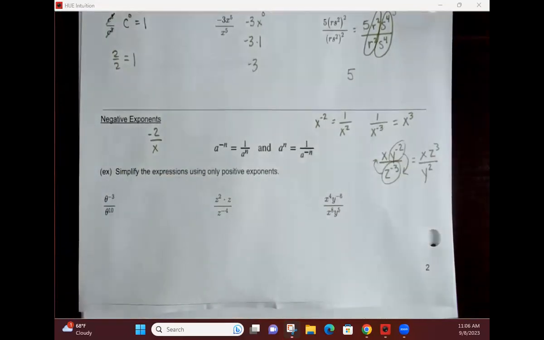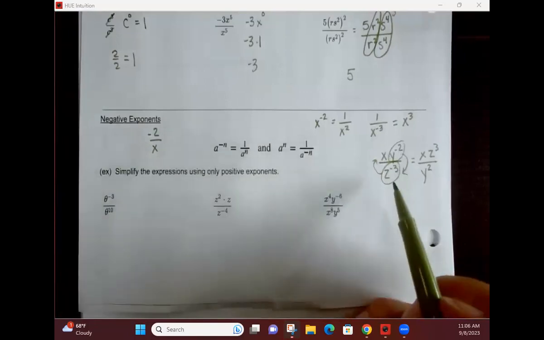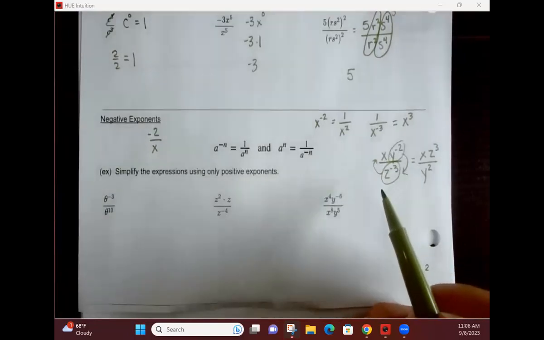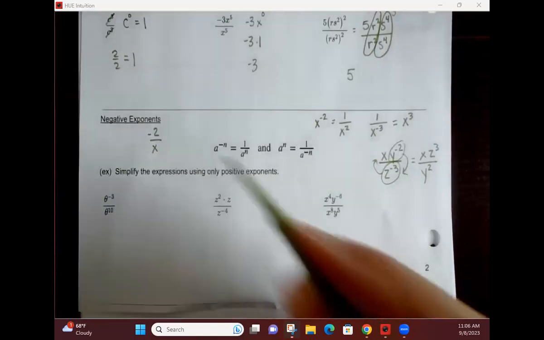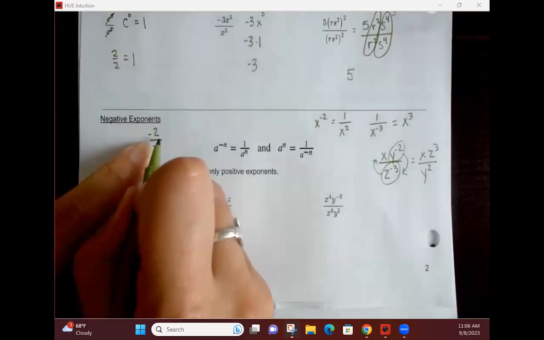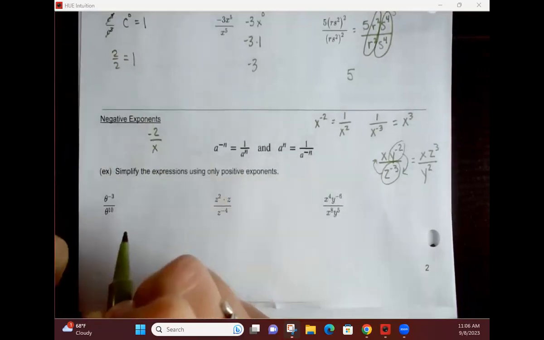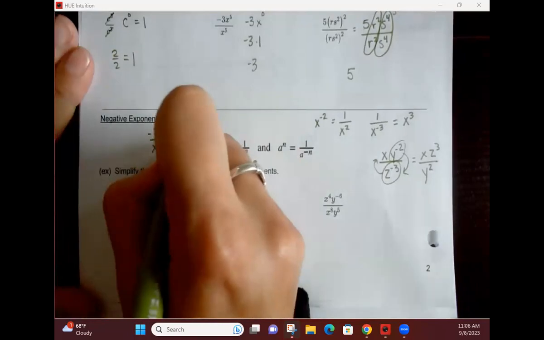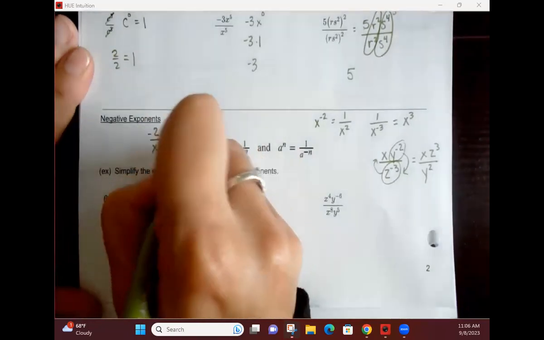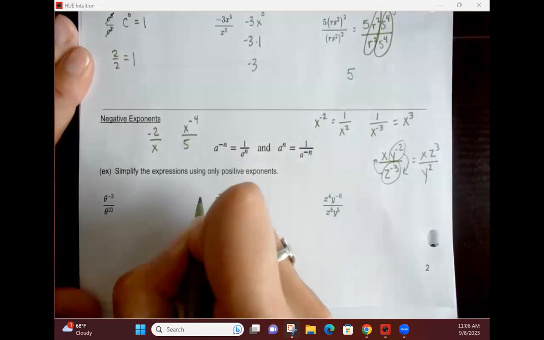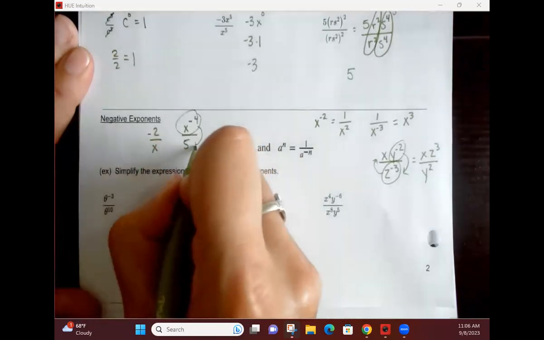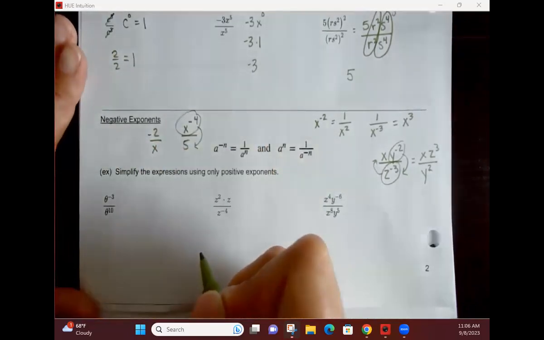Question. Like if it were this to a negative something? Would I still move that down and the exponent's now positive? Yep.